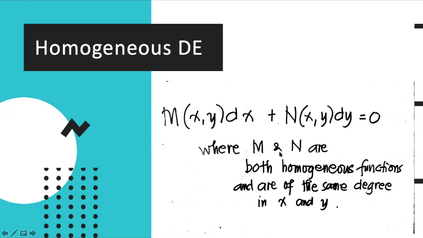It says here that M and N are both homogeneous functions and are of the same degree in x and y. As you can see here, M is not a pure function of x or y alone, but actually of both x and y.